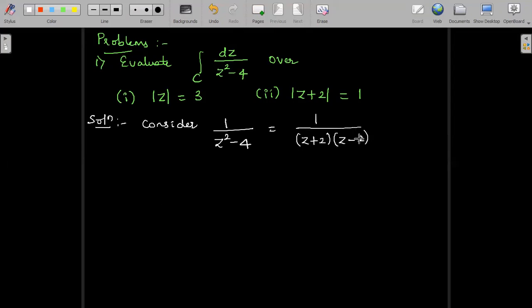So we should have linear factors in the denominator, then we can apply Cauchy's integral formula easily. So let us resolve this into partial fractions and substitute a and b into this. Resolving into partial fractions, let us call this equation 1.